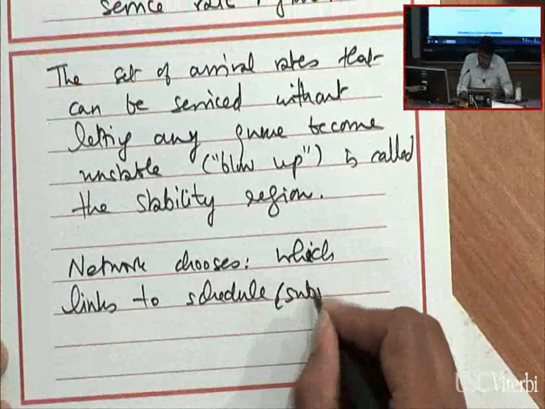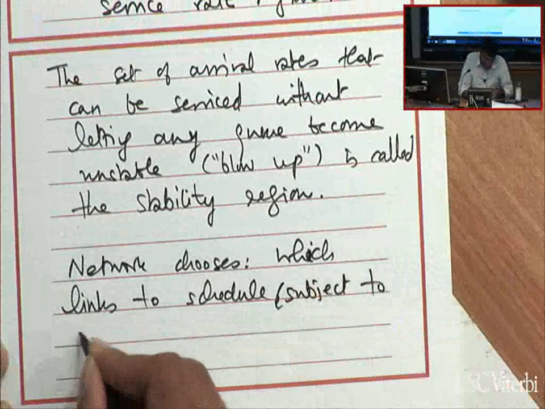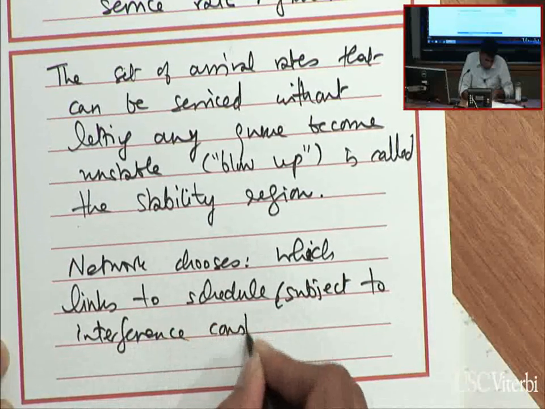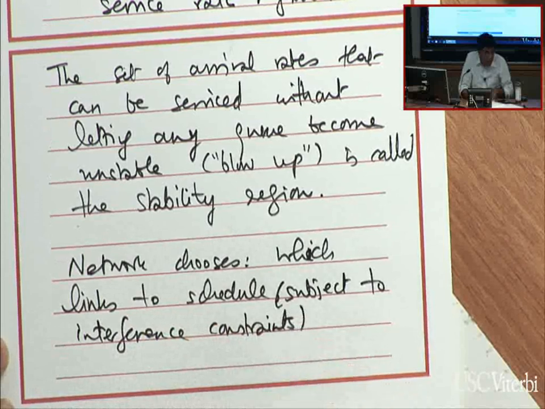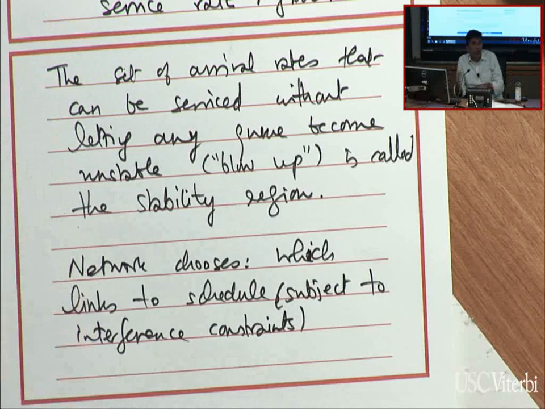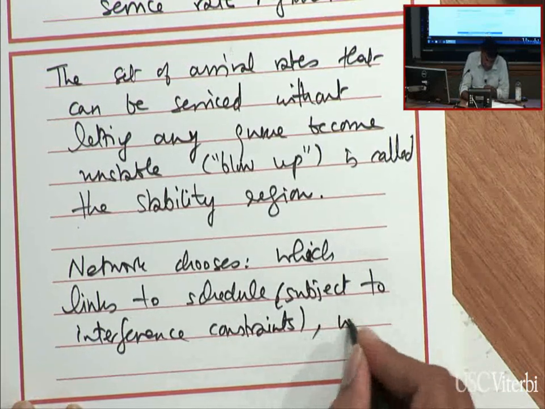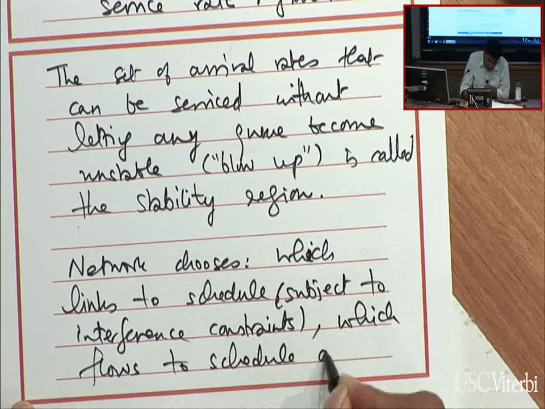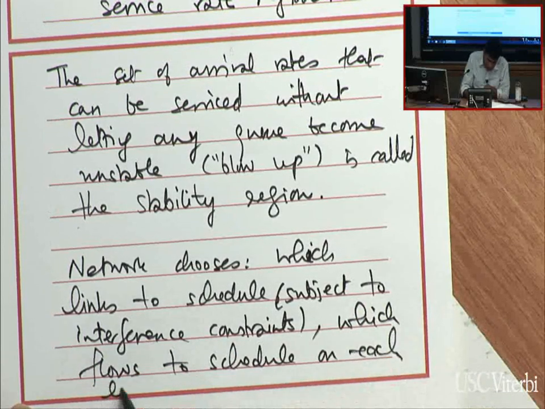Which will be subject to interference. We've talked about graph coloring in this class. It may be that I can't just turn on all my links all the time. I can only turn on these links when these links are not on. I can only turn on these links when these links are not on. So that's one thing the network gets to do. Second, it also gets to choose which flows to schedule on each link.